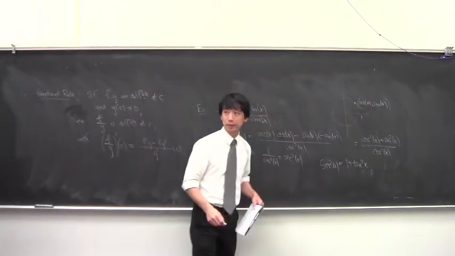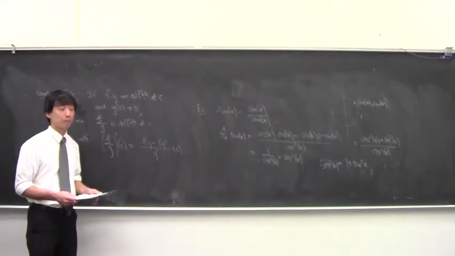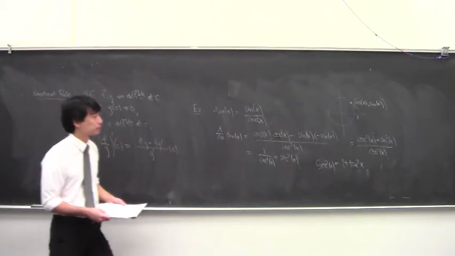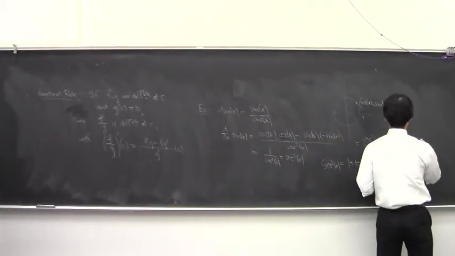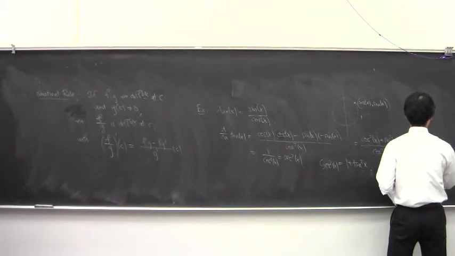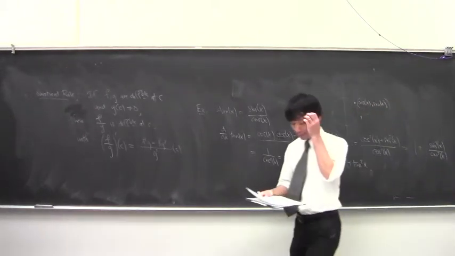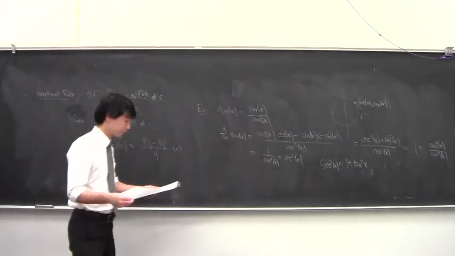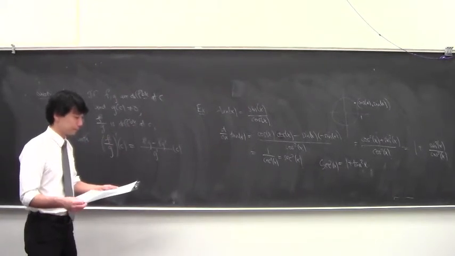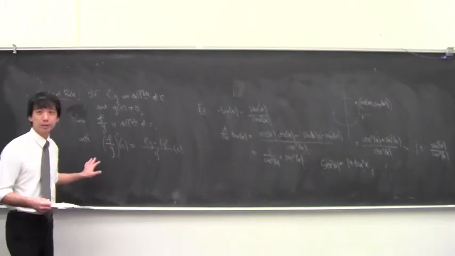Same thing. So you could certainly write this as 1 plus sine squared x over cosine squared x, which is 1 plus tangent squared x. Any questions about that?